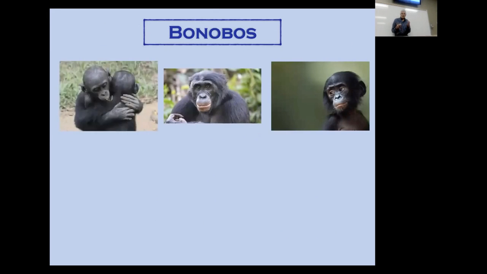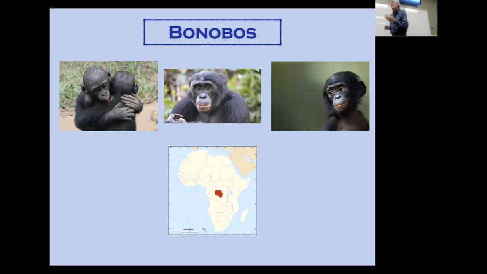Well, if we're going to look at the human social formation, we can look at how our closest relative, the bonobos, how their social formations were organized. And there's a big difference between the chimpanzees and the bonobos.